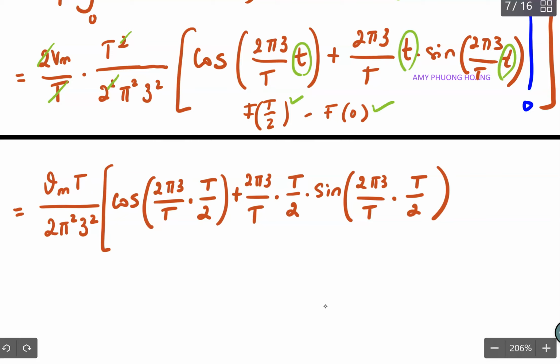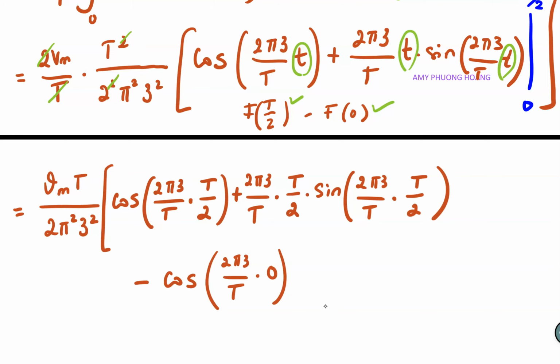The second part is where the t is substituted with a 0. So now we are subtracting cos of 2 pi 3 over T times 0. And don't forget that this is a subtraction, and all of this are plus, so it turns into a minus.